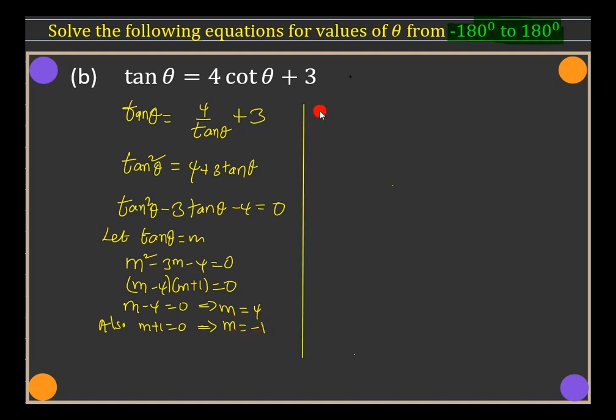Since tan theta is equal to m, we have that the tangent of theta is equal to 4, and the arctan of 4 gets us 76 degrees. The tangent of theta is positive in the first quadrant and the third quadrant, and the angle in the third quadrant is supposed to be 180 plus 76, which gets us 256 degrees.